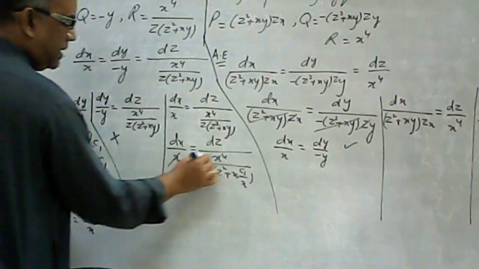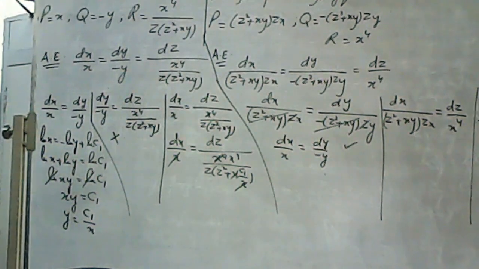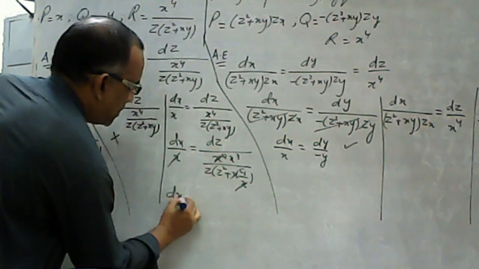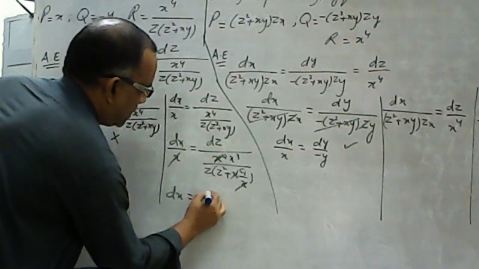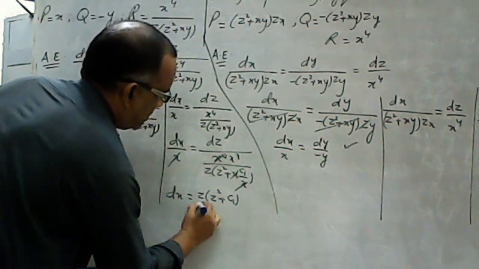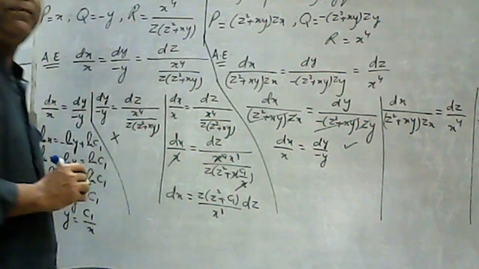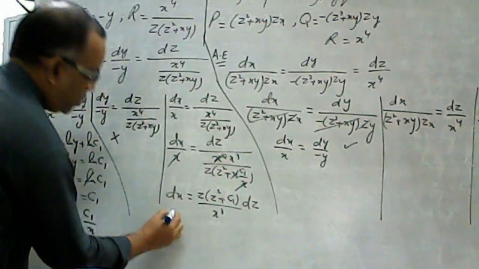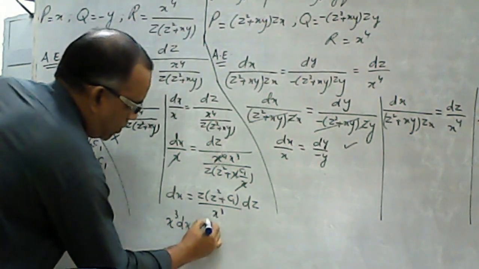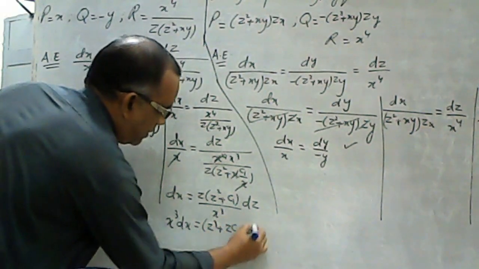So I can cancel this x with this, remain x cube, and this x with this x. So on simplification, I will get dx is equal to z square plus c1 upon x cube into dz. And then if I move x cube here, this becomes x cube dx is equal to z square plus c1 dz.